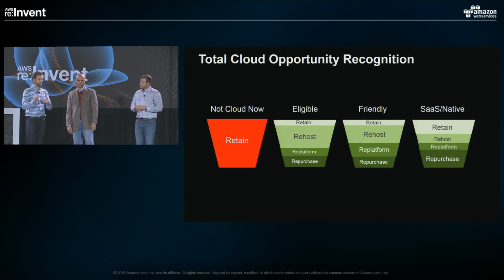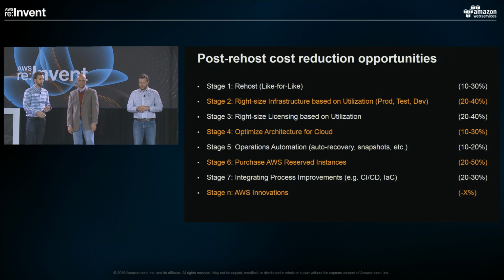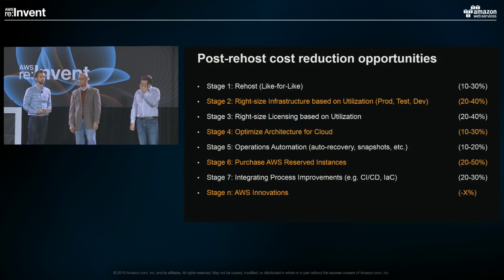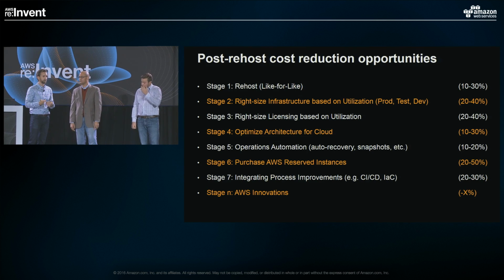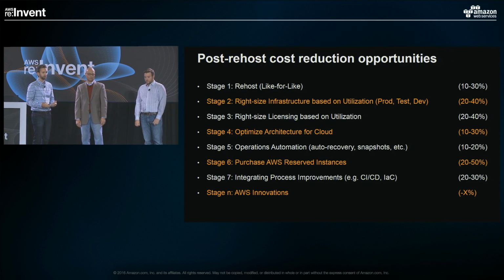So you start layering these things in and start applying some cost metrics to those. And really just to reiterate how important the post-rehost cost reduction opportunity is, our customers tell us that they're saving after a like-for-like lift and shift or a rehost.